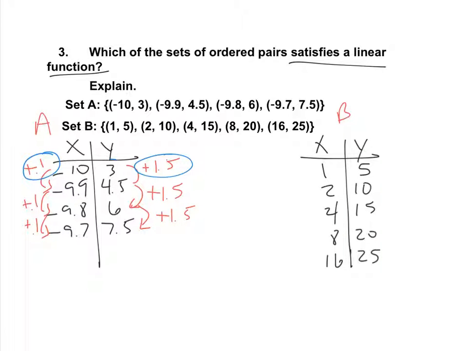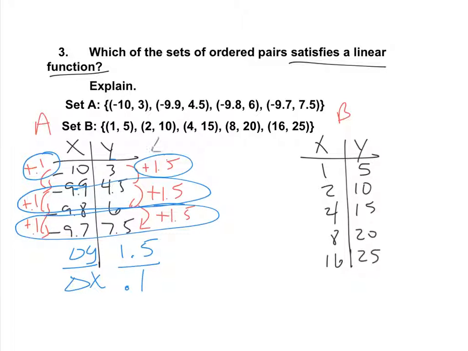So if you notice, all three of the change in y over your change in x would be 1.5 over 0.1, and they're all three the same. Remember, this is your change in y, this is your change in x. And you notice all three ratios are the same, therefore that is a linear function.